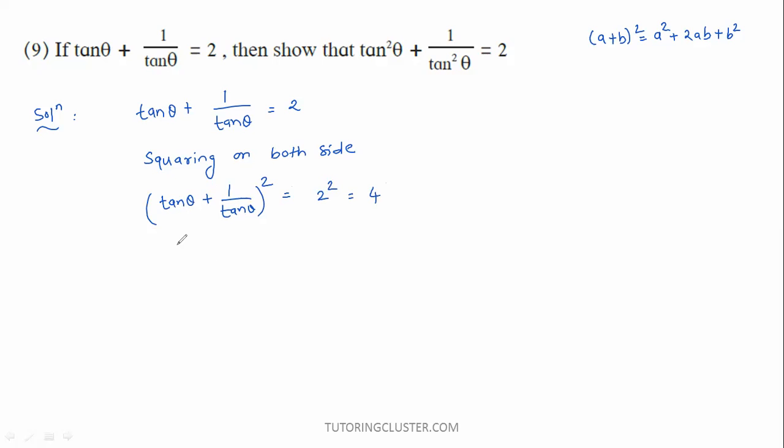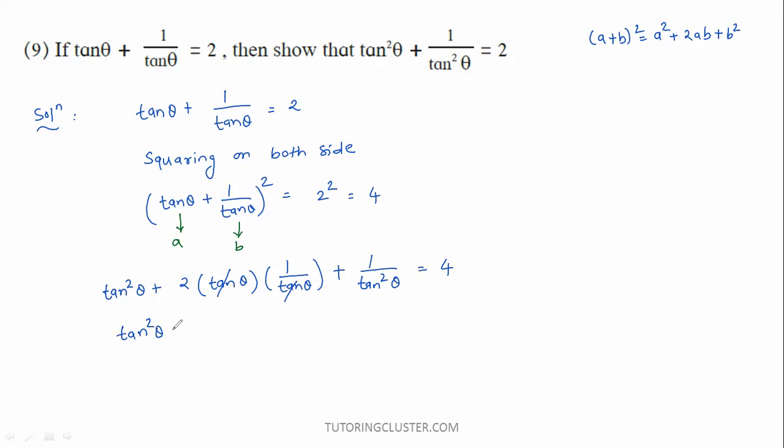Okay, now consider this as a. This will be your a term. This is your b term. Now a square, so tan square theta plus 2ab plus b square. What is b square? 1 upon tan square theta, which is equal to 4. Okay, so this and this term are going to get cancelled.